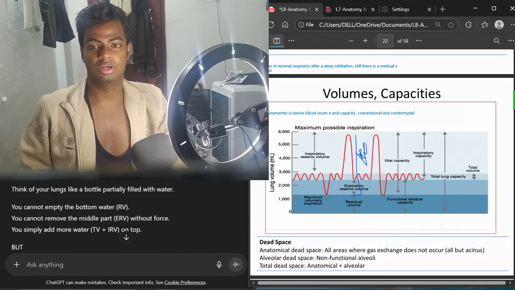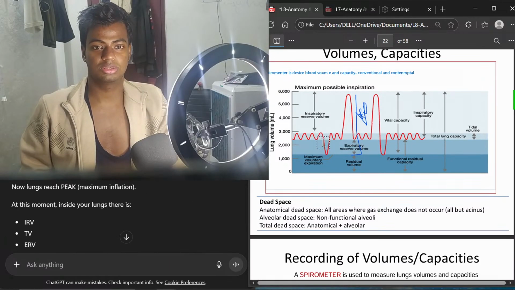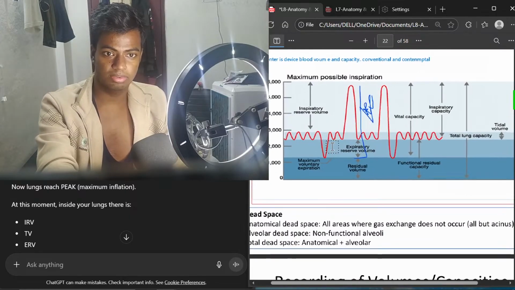Okay, got it. Now next question. Spirometry, this is what he actually explained. This is the complete lung, total lung capacity. This is residual volume. Then you inhale normally, this is tidal volume.